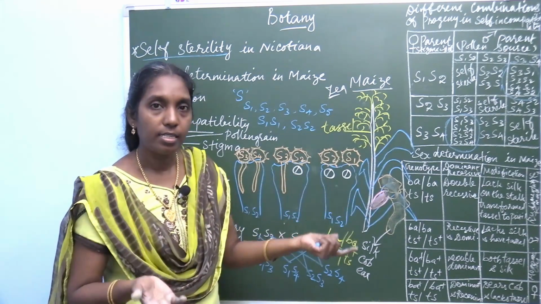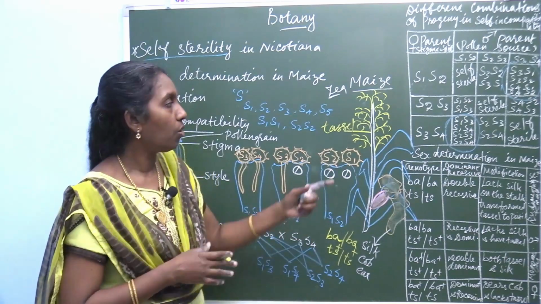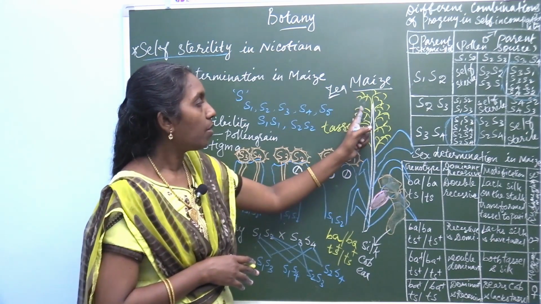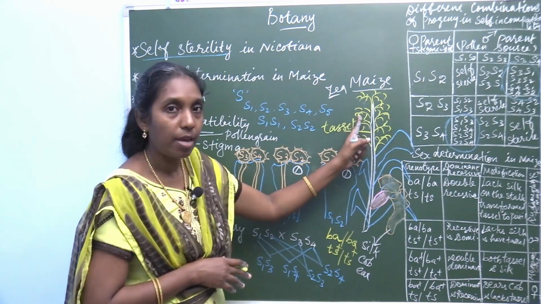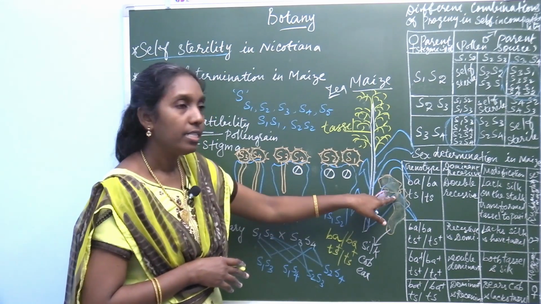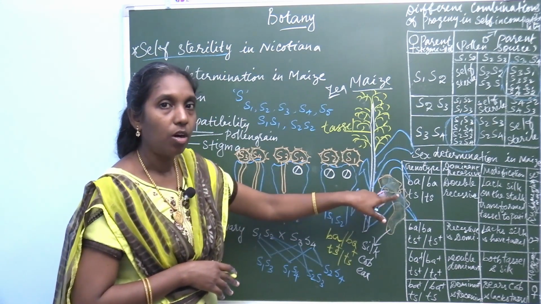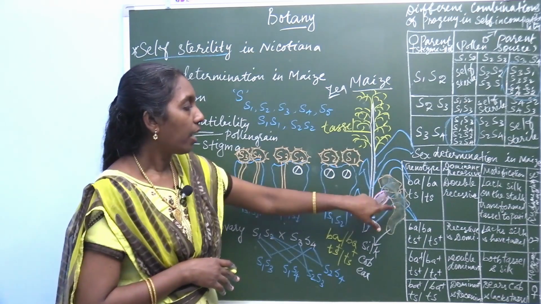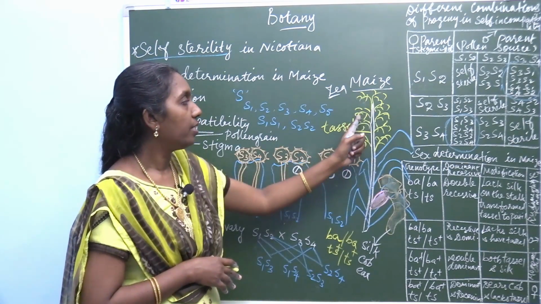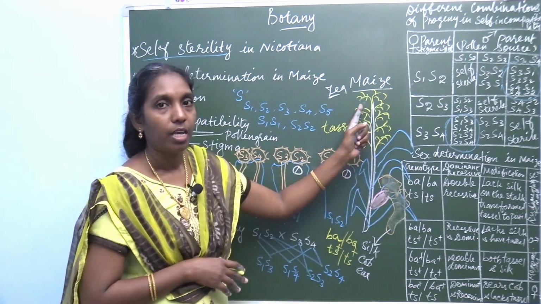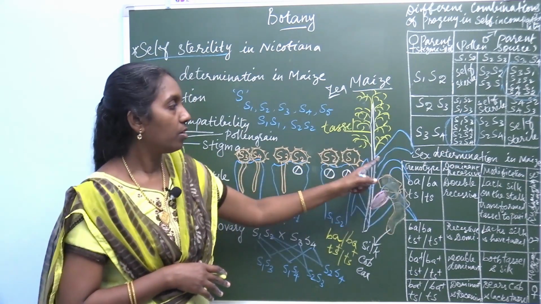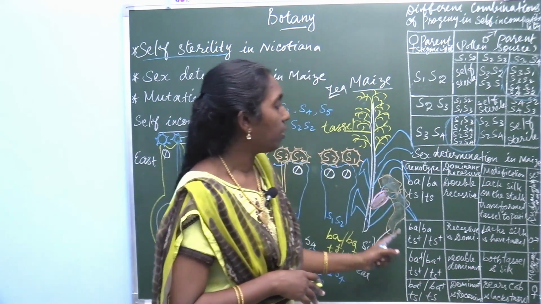So how is the sex determined? By the abortion of stamens in the silk, or ear, or cob inflorescence. Likewise, the pistil aborts in the tassel. So, different combinations.